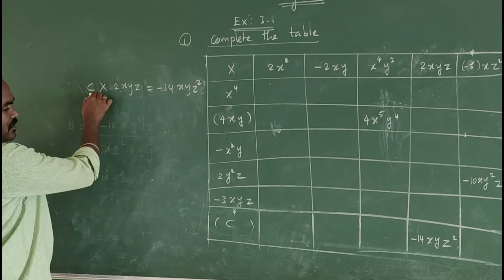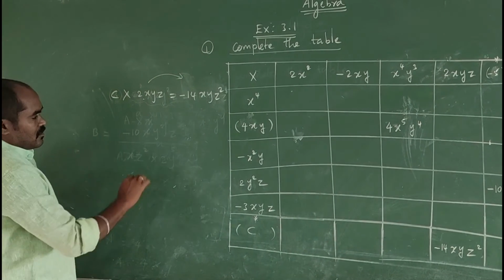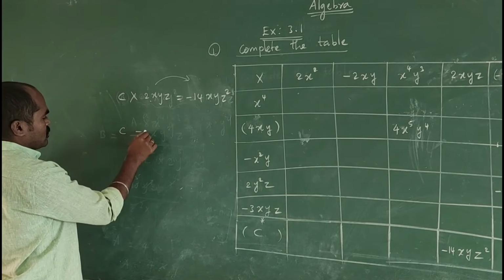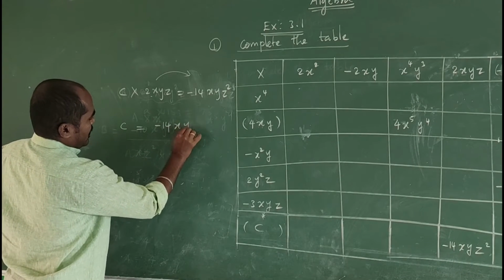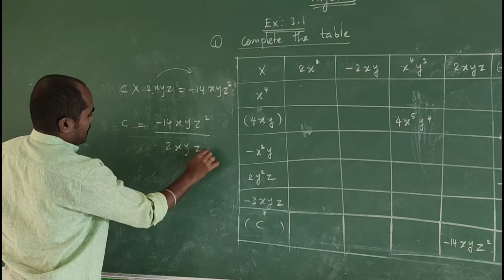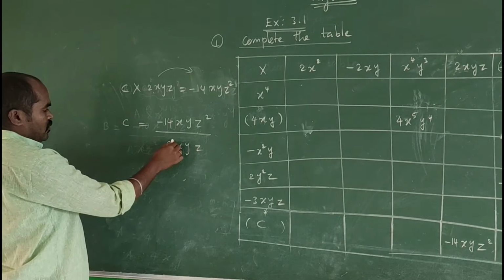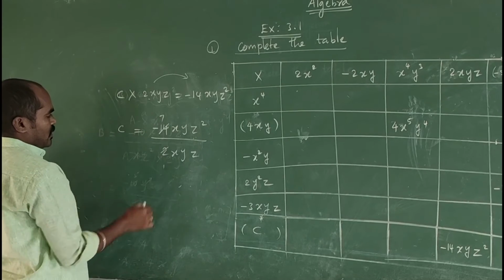So we need unknown c. So set this 2xyz to right hand side. So c is equal to minus 14xyz square by 2xyz. So 7 times 2s are 14.